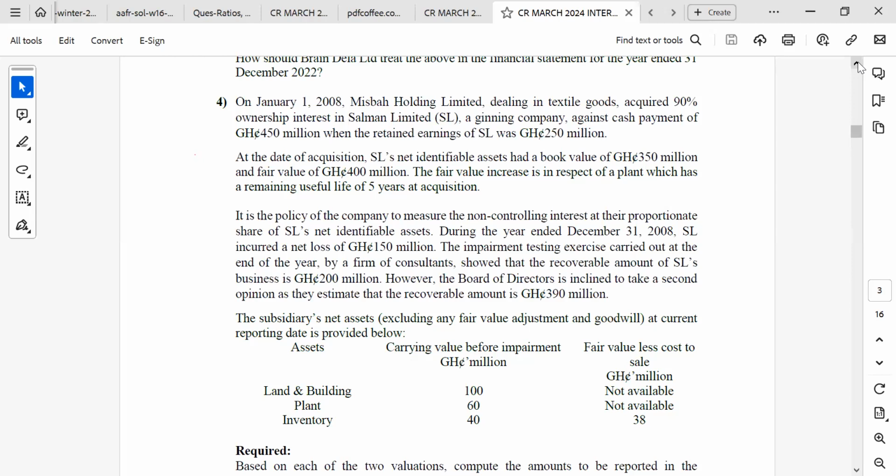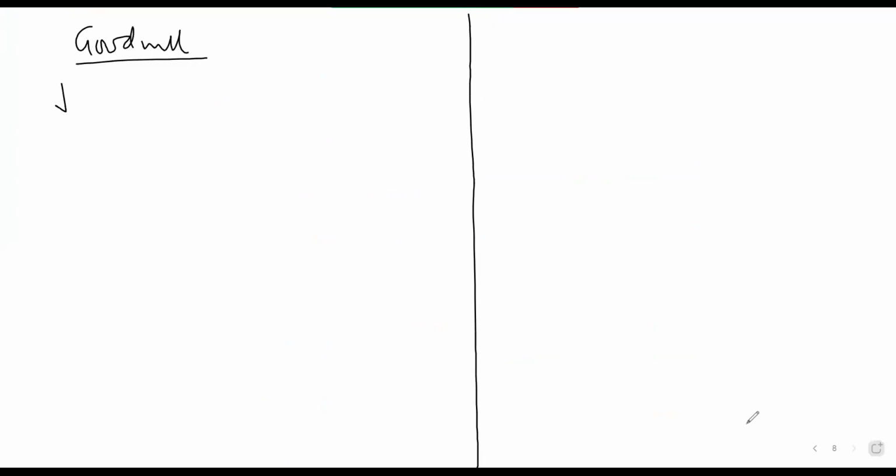It's 400 fair value, yes. You use the fair value, which is 400. So what you have to do first of all is ask yourself whether there will be a goodwill on this particular acquisition. So you look at the goodwill calculation first. The goodwill calculation will be the purchase consideration.